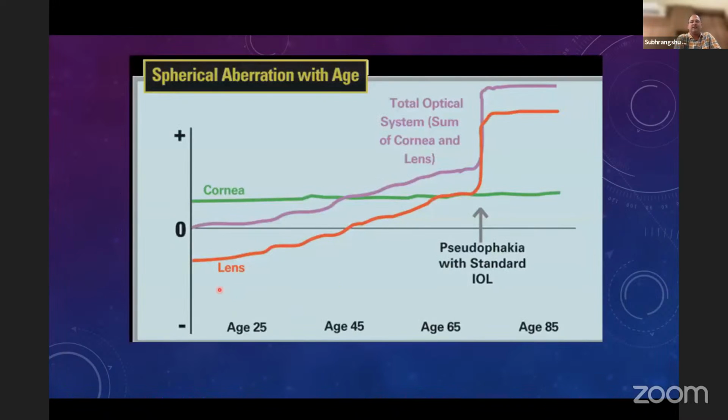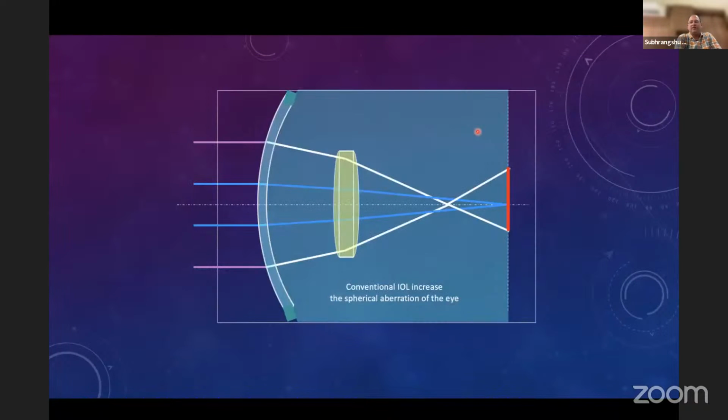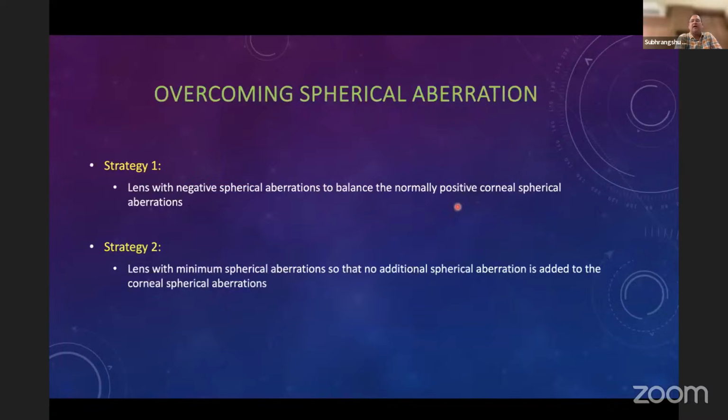So now if we look at this particular graph, the spherical aberration of the cornea obviously remains constant, whereas that of the natural crystalline lens becomes more and more positive with age. So what happens is that if we implant pseudophakia with a standard IOL, we are actually increasing the positive aberration all the more. So conventional IOLs increase the spherical aberration of the eye, and to overcome this, there were two strategies.